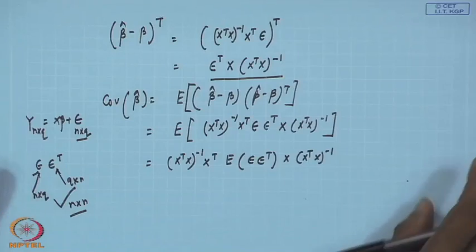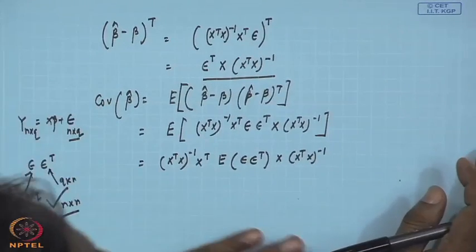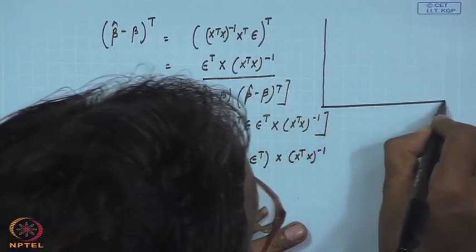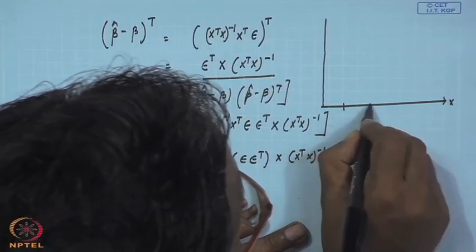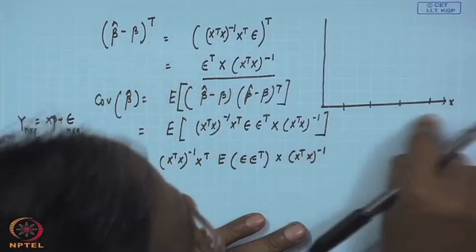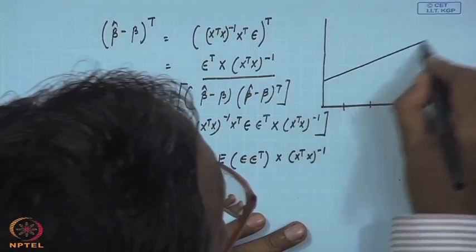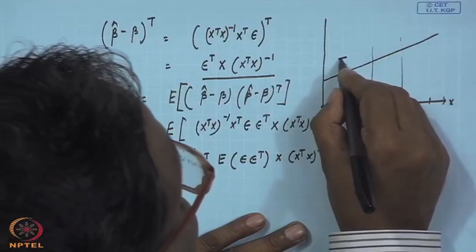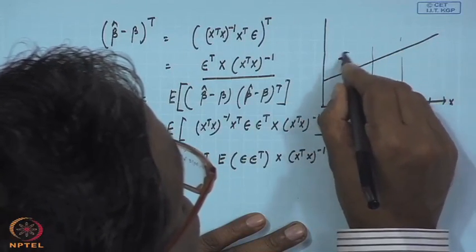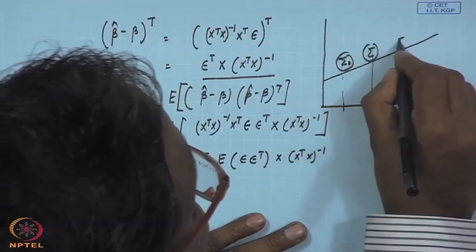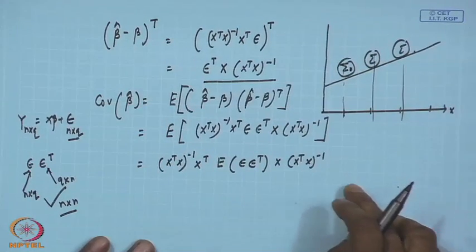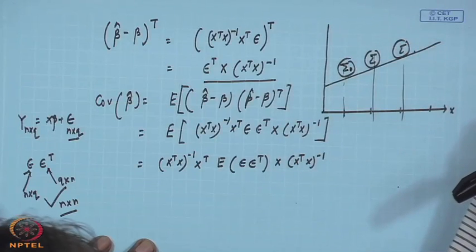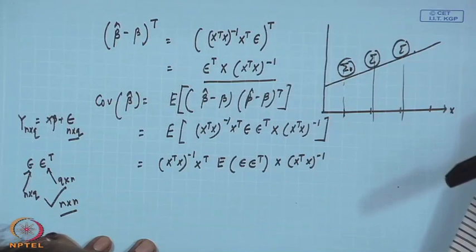So, if you remember one of the assumptions I told you in the last class of multivariate regression, that across the different X observations, when you see the Y value, ultimately we say that the same covariance structure, this covariance structure with respect to the Y, there are q Y variables.